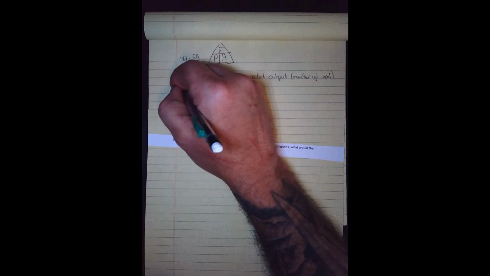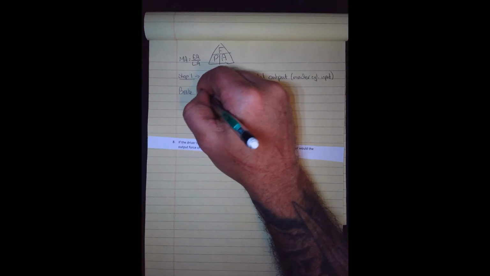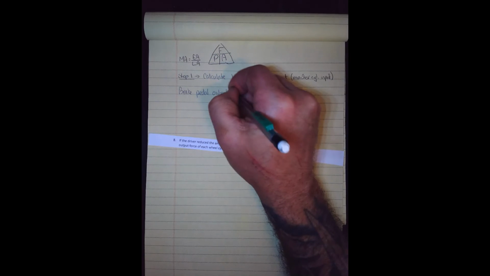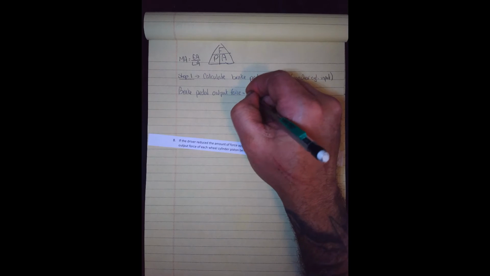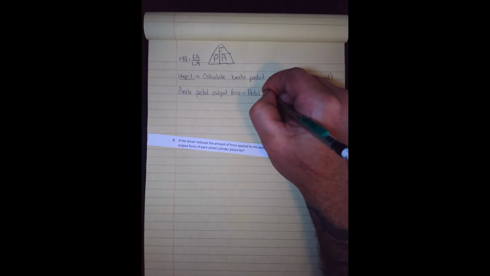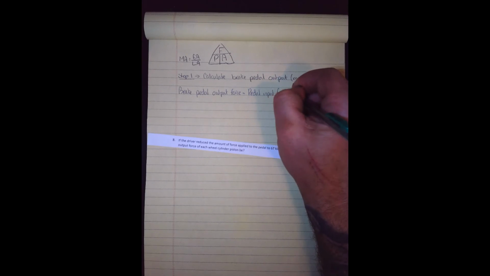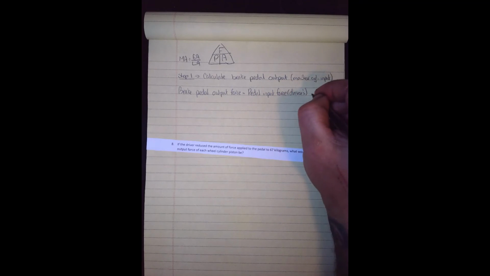So, brake pedal output force equals the driver's, or input force. We'll call it pedal input force. How hard is the driver pushing on the pedal, multiplied by the mechanical advantage.